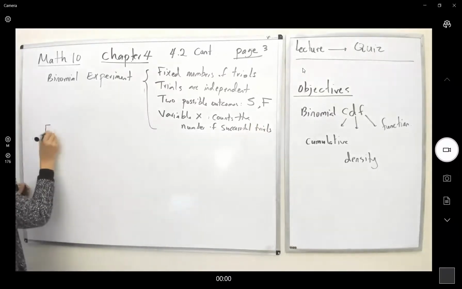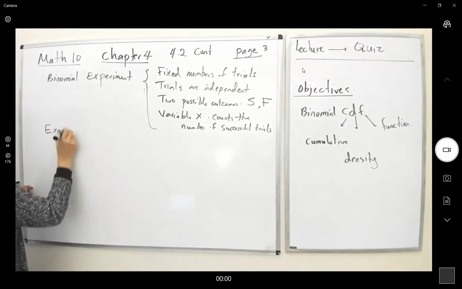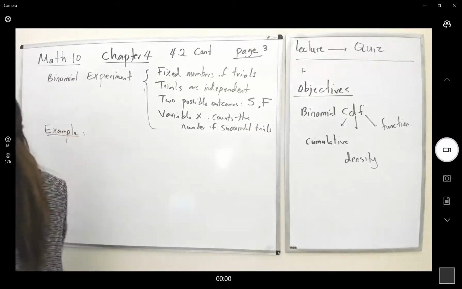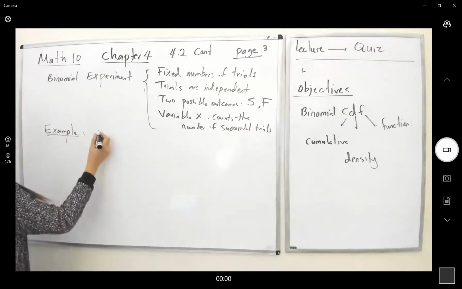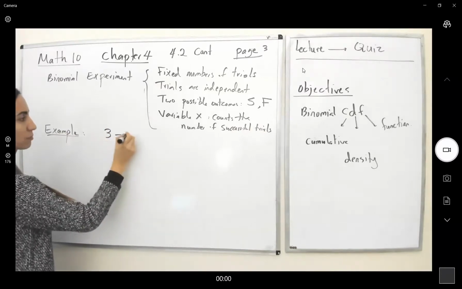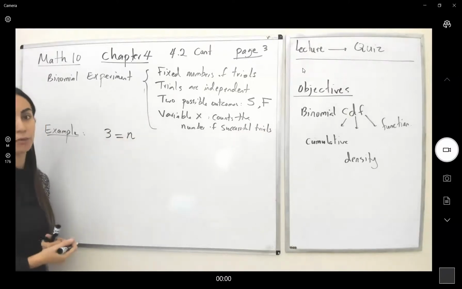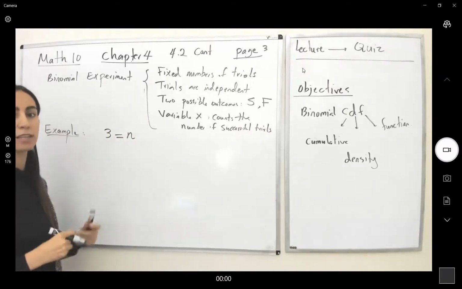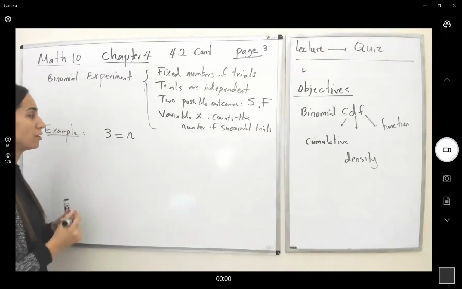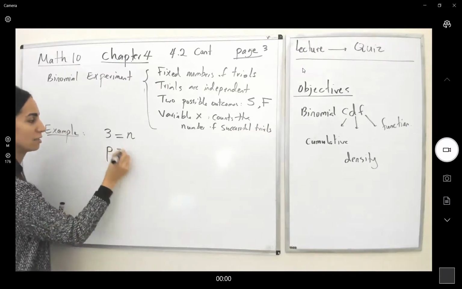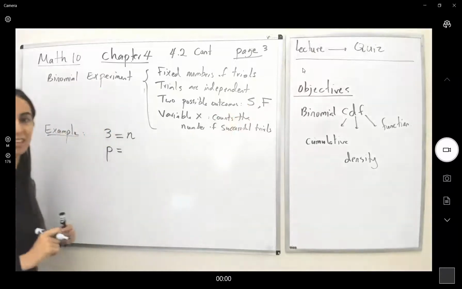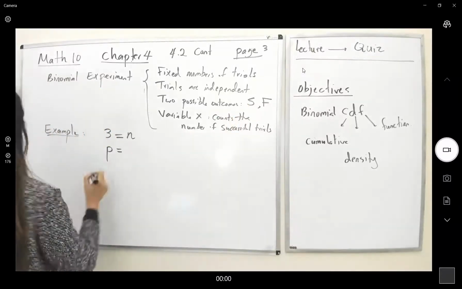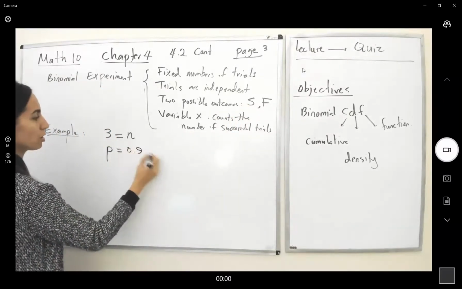Now, we had an example on page 3. This example said, suppose you're a surgeon and you're performing surgery on 3 patients. N is 3. And based on previous experiments, they know that P, the probability of success, is equal to 0.9 or 90%.